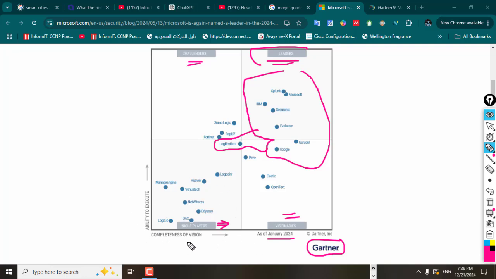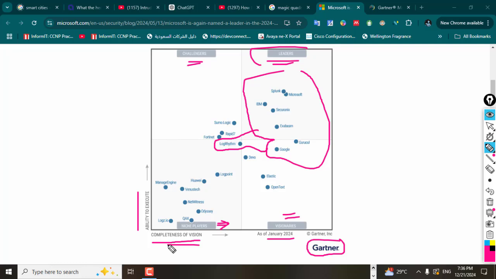Before that, we need to understand completeness of vision and ability to execute. So let's talk about the vision. Vision means the providers in the visionary quadrant have a clear vision of how the market will evolve. They understand the market trends and they have innovative ideas. They may not yet have the operational capabilities until they have full execution.